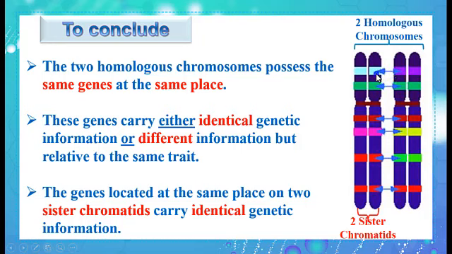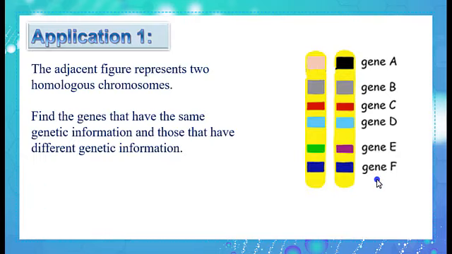For example, for the first gene, we have different genetic information on the homologous chromosomes, while for the second one, they have identical genetic information. But both sister chromatids have the same genetic information along all the chromosomes. Are you ready now to start application number 1?